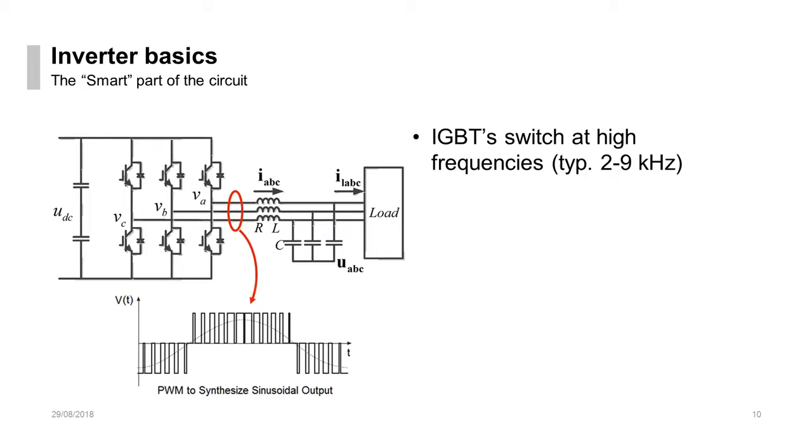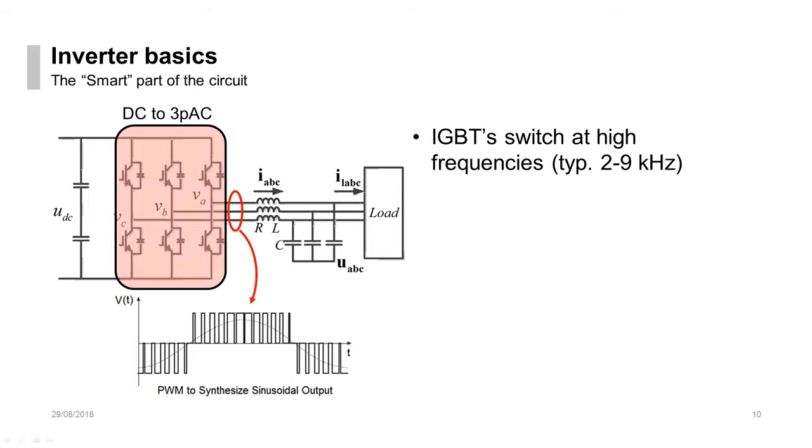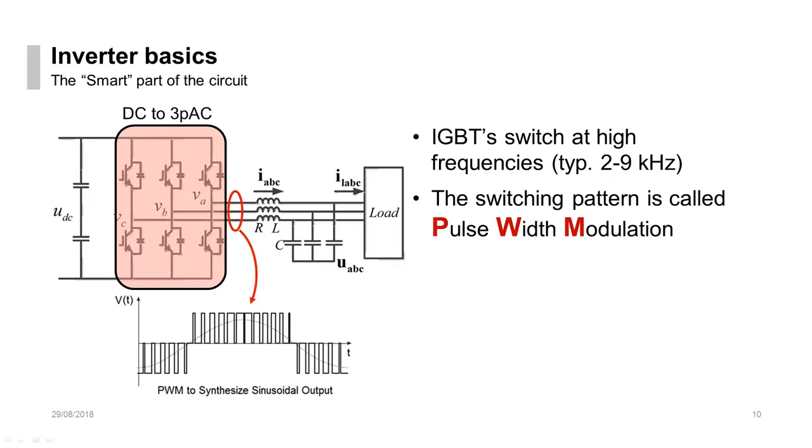So when we're talking about electricity, we're normally talking about a 60 hertz fundamental in the United States or 50 hertz internationally, but the IGBTs are switching at 2,000 to 9,000 hertz, so much, much, much faster. The way that it does this is it takes the DC in, so in my drawing, it would come in from the left, and it goes through typically 6 at minimum of these IGBTs, which then are able to convert that into a simulated AC waveform as they're switching on and off.